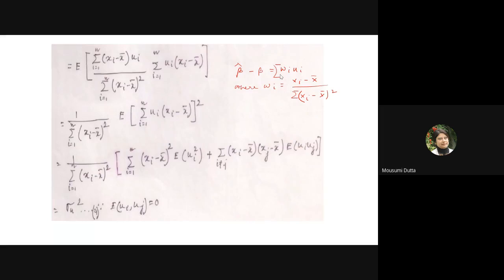Now I'm operating expectation. So 1 upon summation (xi minus x bar) whole square, the non-stochastic part, I am keeping outside the expectation. I have to take expectation of summation (xi minus x bar) into ui, and here also another summation (xi minus x bar) into ui. The two terms are same, so it is whole square: summation ui into (xi minus x bar) whole square.